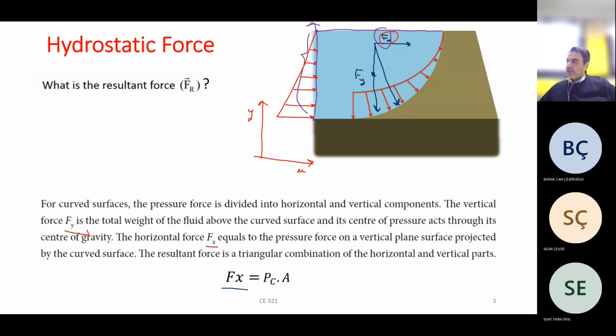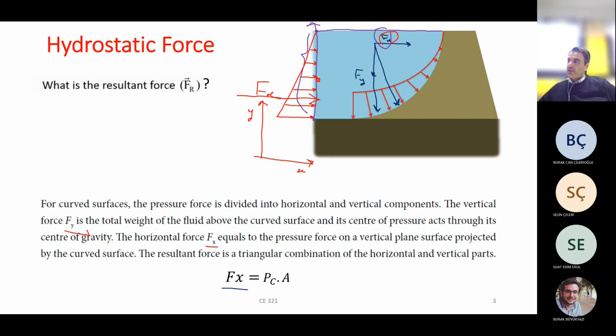From your previous lecture, you know that Fx on a vertical surface equals Pc times area. Pc is the pressure at the centroid, and the centroid of this vertical line is its middle point here.